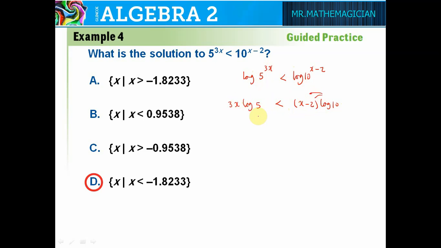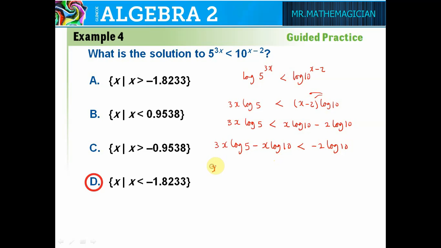Distribute log 10. So 3x log 5 is smaller than x log 10 minus 2 log 10. Take x's together. So to the left hand side, 3x log 5 minus x log 10 will be smaller than negative 2 log 10.